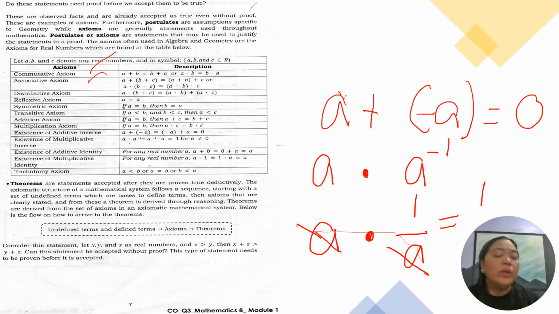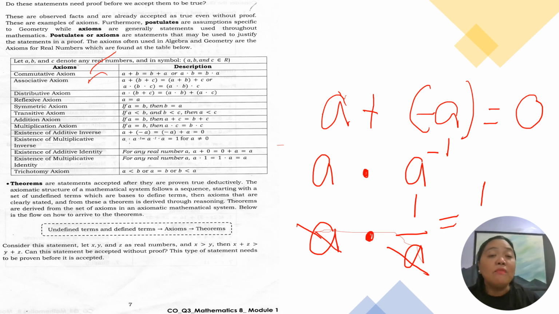The same goes with multiplicative identity. What must be multiplied to a number or a variable so that the product is itself? Let's say we have A. What must be multiplied to A so that the product is still A itself? So we multiply A or any number or any variable by 1.